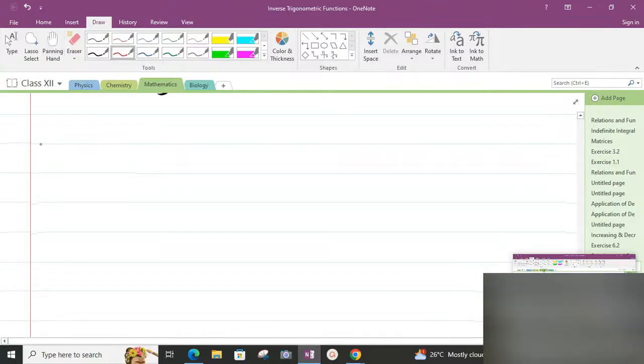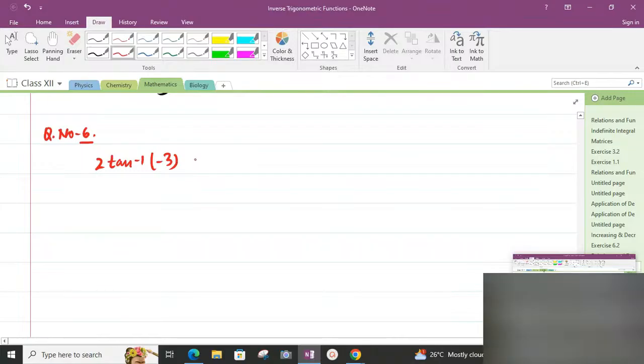This is question number 6: 2 tan inverse minus 3 equal to minus pi by 2 plus tan inverse minus 4 by 3. So let's see the solution.